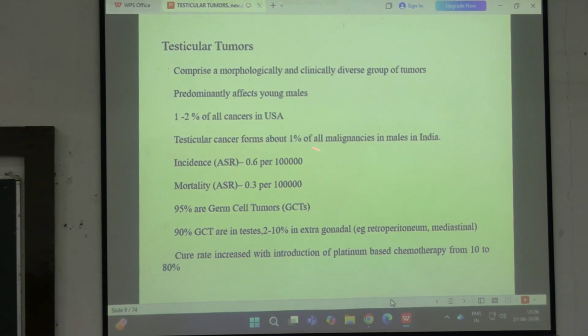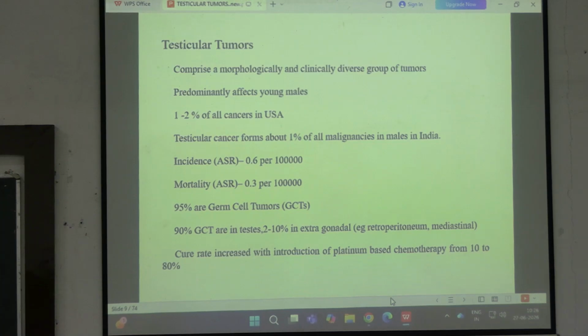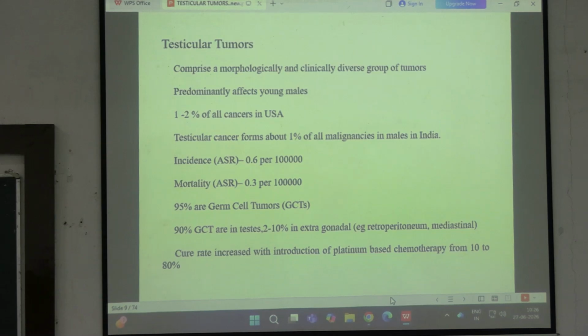It is 1 to 2% of all cancers in the USA. In India, it forms 1% of all malignancies in males. It has a higher incidence in Europe and the United States, and a lower incidence in Asia.